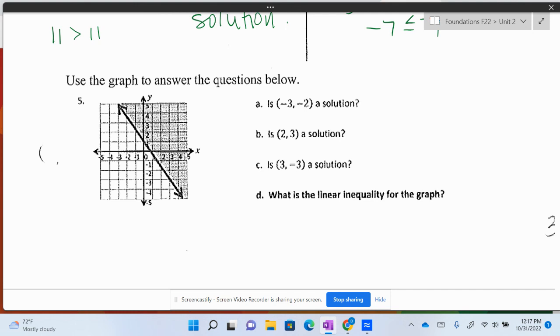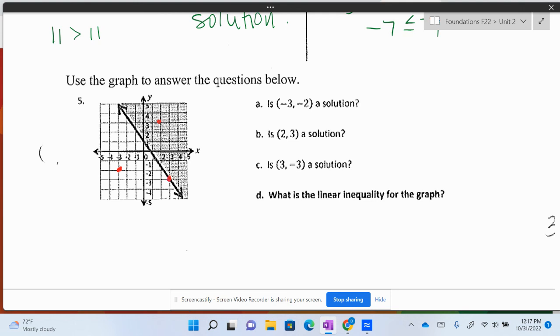Which one of these are a solution? And it says select all that apply, I think, right? So which ones of these work? Well, let's just graph them. Let's see, (-3, -2) is down here. This is question number 5 at the bottom. (2, 3) is right here. (3, -3) is right here.